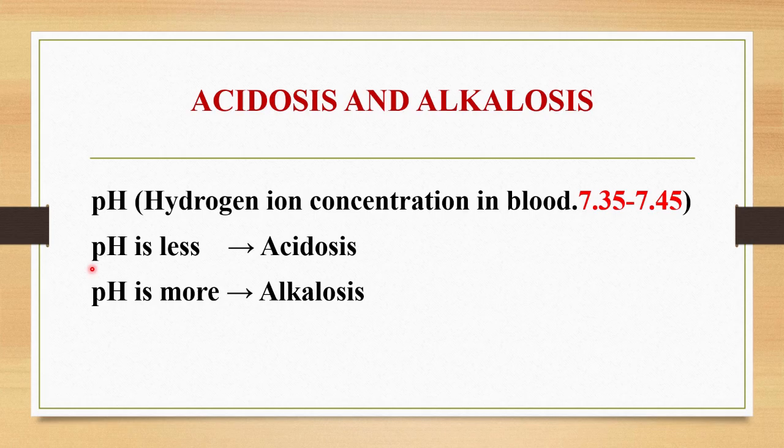So if the pH is less than 7.35, that is acidosis. If the pH is more than 7.45, that is alkalosis.